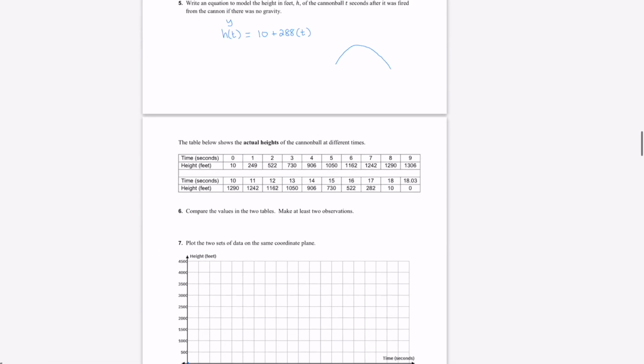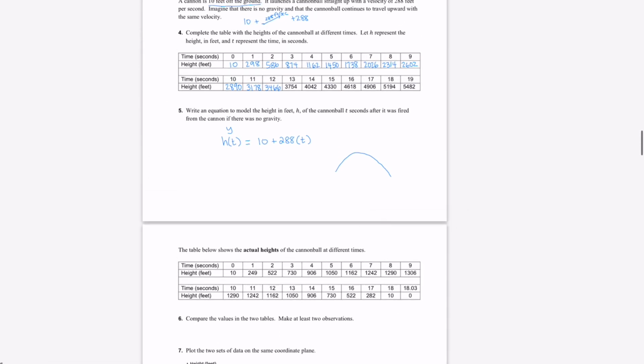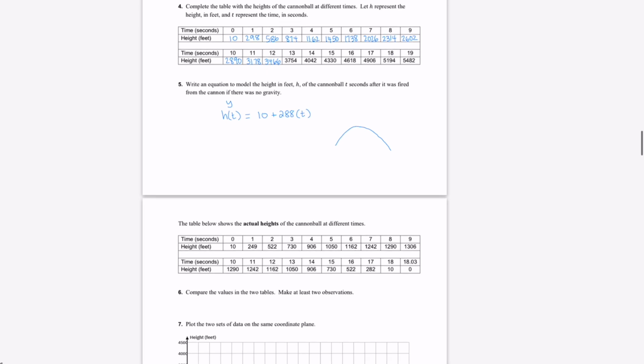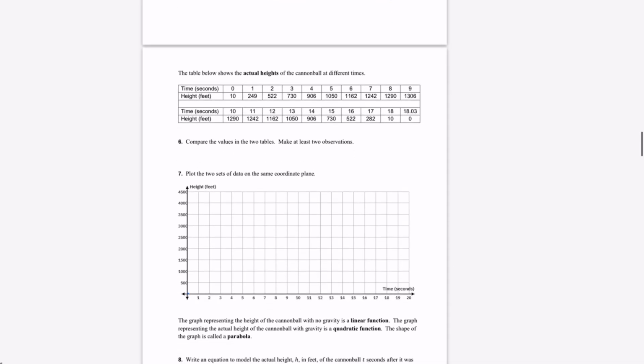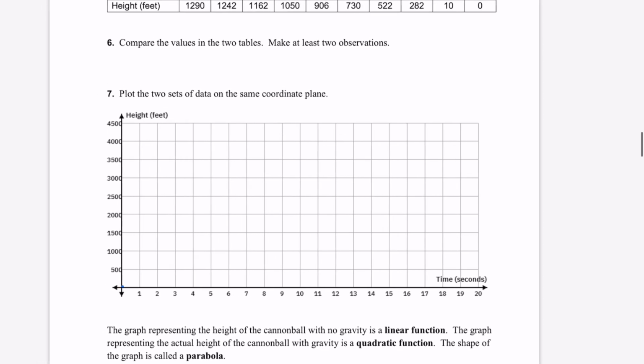So that's off our graph. So let's go to, it goes up to 4,500. So let's go to 15 seconds at 4,330. And we're going to have to just do an approximate number. And then we're going to take a line and connect the two dots.